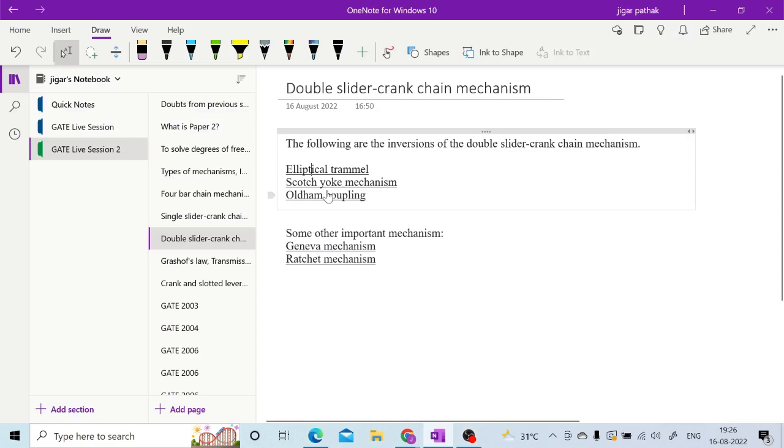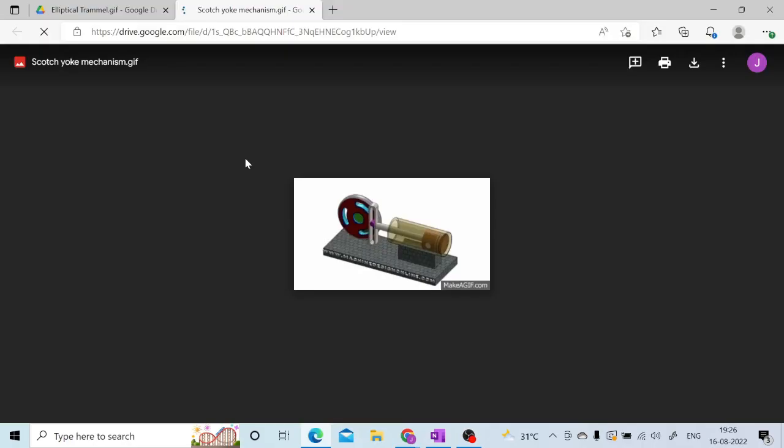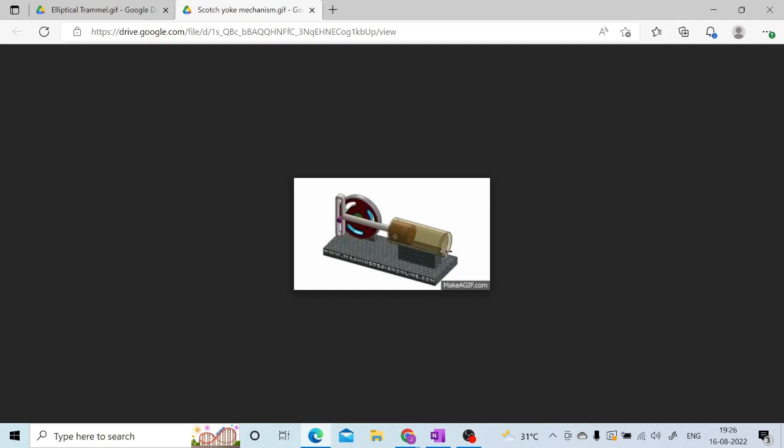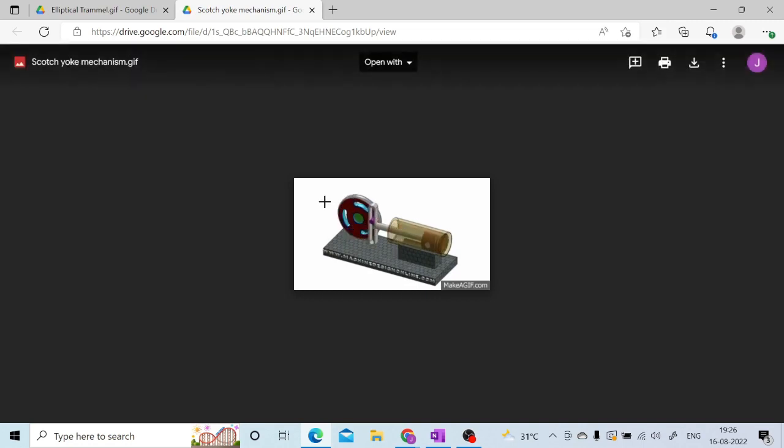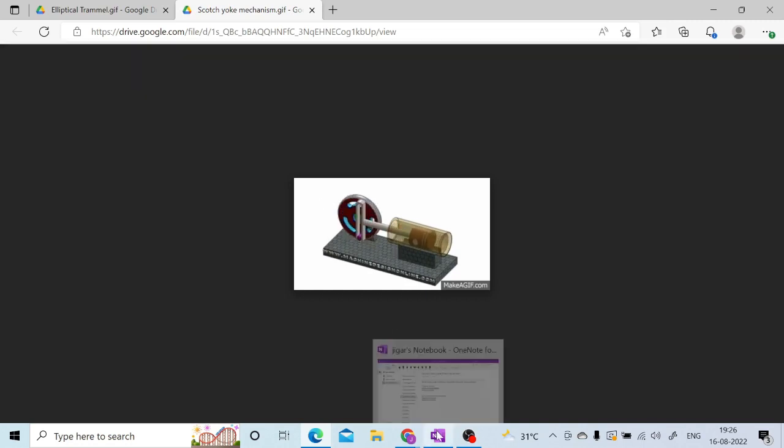Right, now next is this scotch yoke mechanism. So here in the scotch yoke mechanism you will have simple harmonic motion. As you can see, here you will have simple harmonic motion, and you will have here again two sliders, right? One is inside that particular slotted bar, and one is inside this cylinder. So this is how you are having this scotch yoke mechanism.